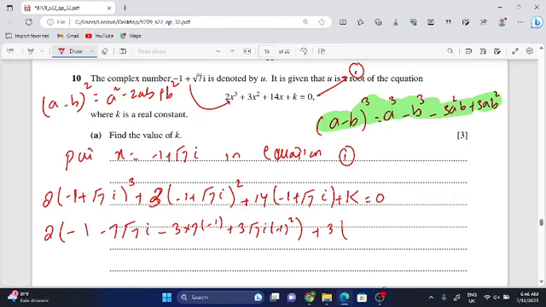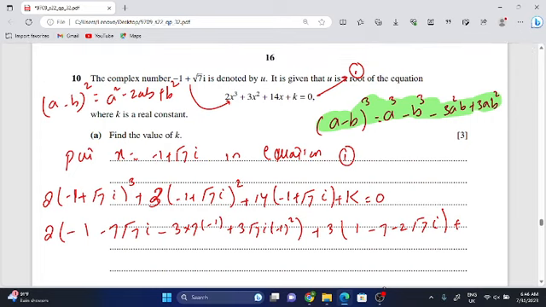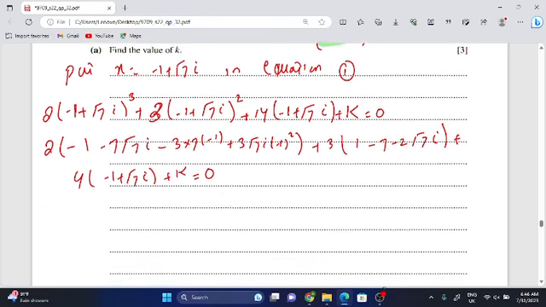So by this formula I can say 1 minus 7 minus 2 times square root of 7 i, plus 4 times x, 4 times (minus 1 plus square root 7 i) plus some constant k that should be equal to 0.